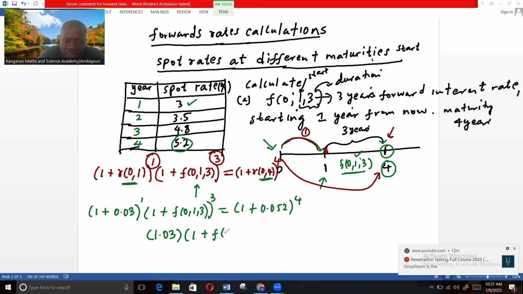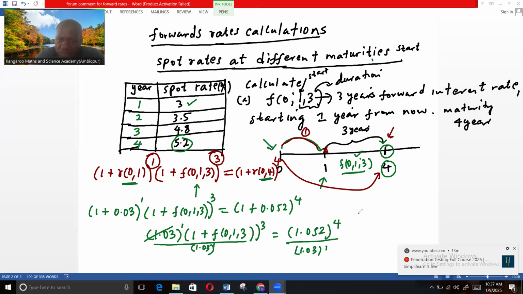In some instances, people just write 1 and 3 without putting the zeros. This side is 1.052 to the power of 4. Then now we can divide both sides by 1.03.